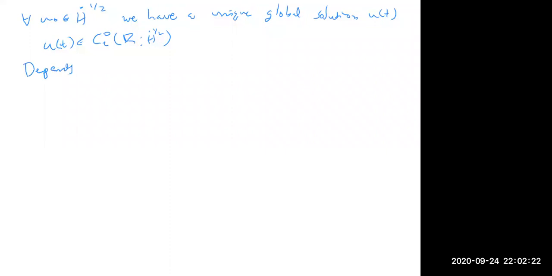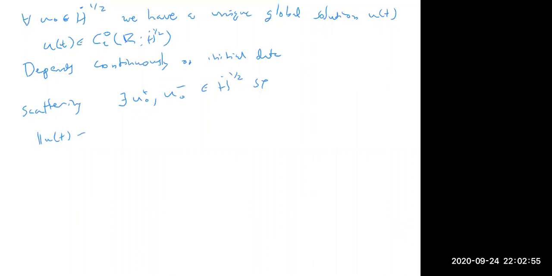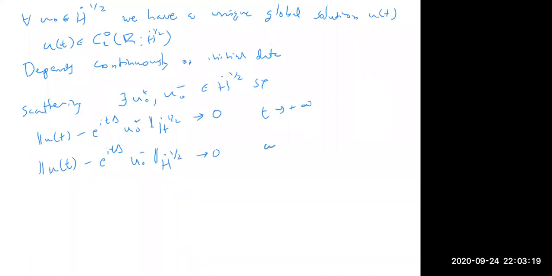Then we have scattering, which is defined as: there exist u naught plus and u naught minus in H dot 1/2 such that the H dot 1/2 norm of the difference between the free solution and the solution goes to 0 as t goes to plus infinity, and likewise as t goes to minus infinity.